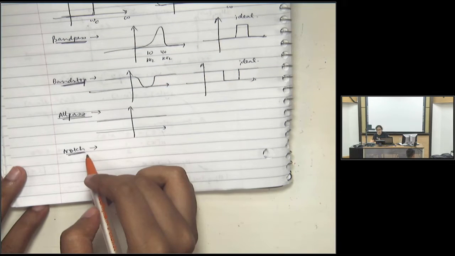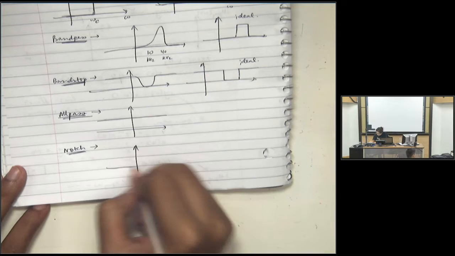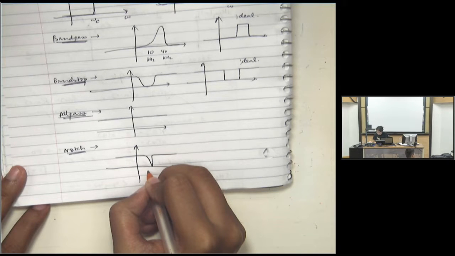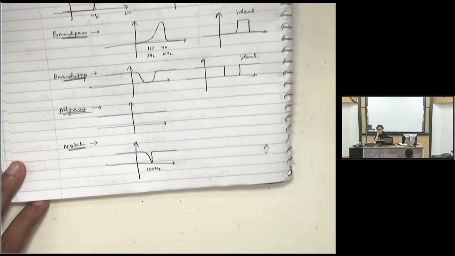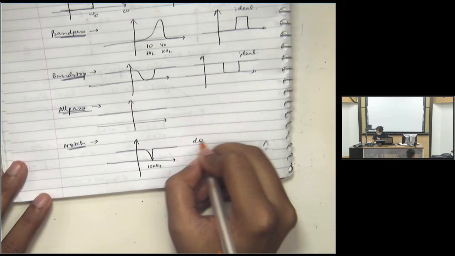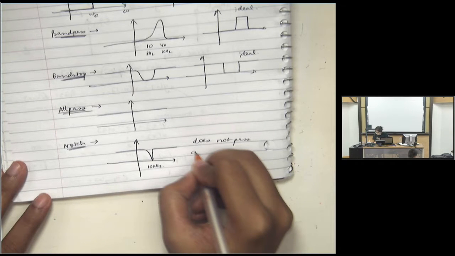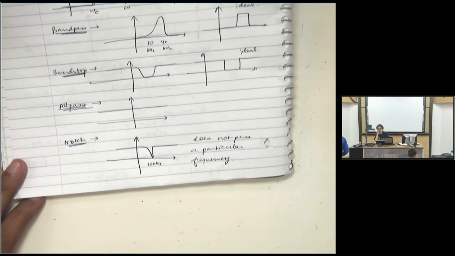With notch, I'm only filtering out 10 kilohertz. Okay. So my notch filter will look like this. It filters out 10 kilohertz. So it does not pass a particular frequency. Notches it out. All right? All cool now?